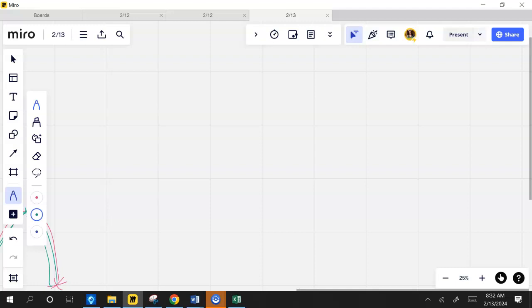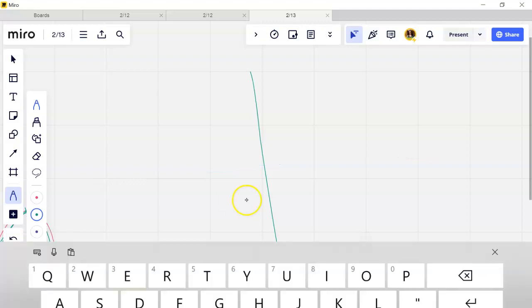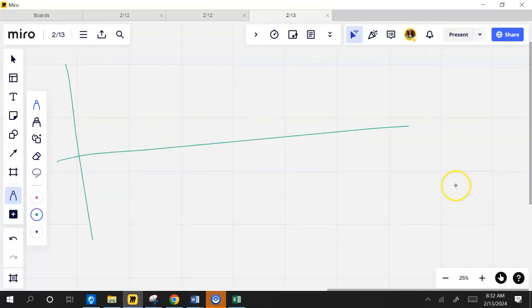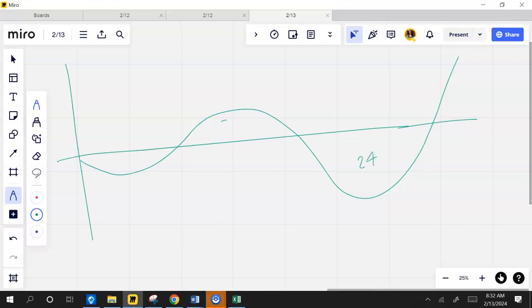All right, let's do 15 and 16 more. Yes, this is where does the particle achieve its greatest positive acceleration? And so I've got this little picture here, right? And I have these values, and this is A, this is B, and this is C. And this is the graph of velocity.